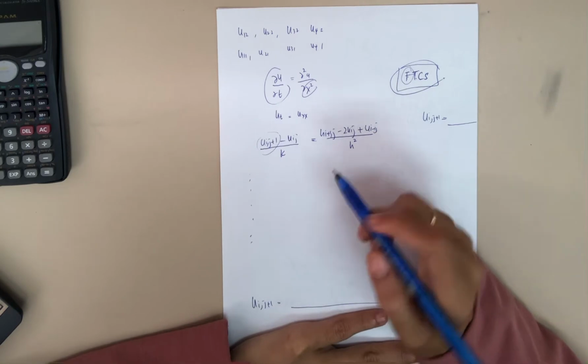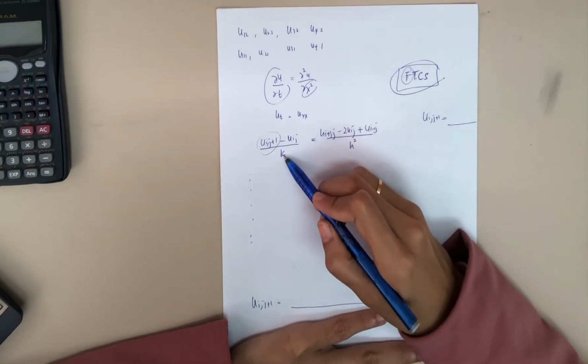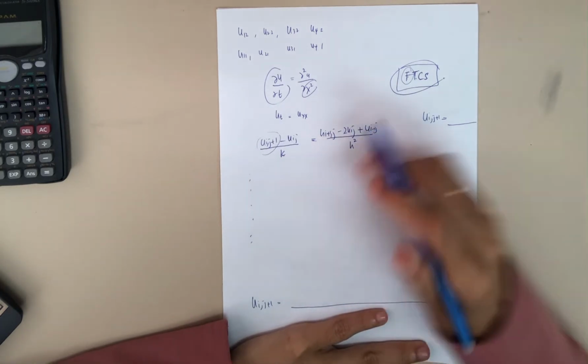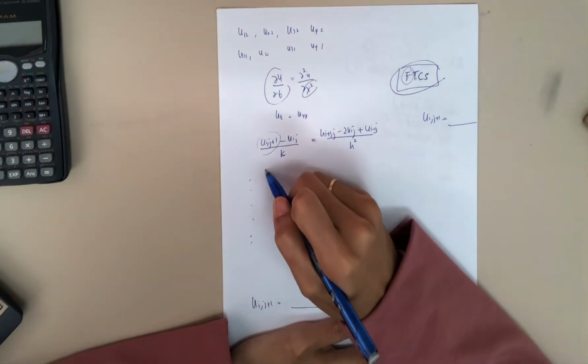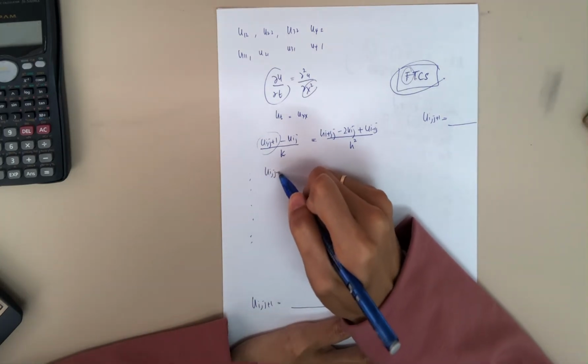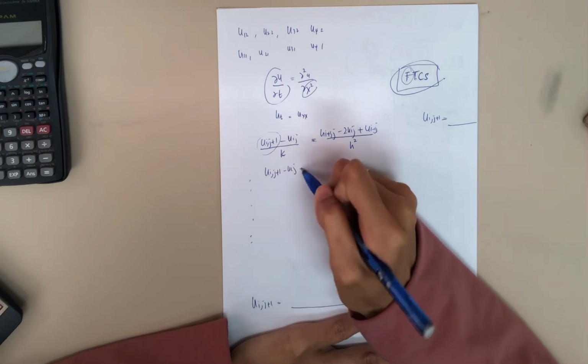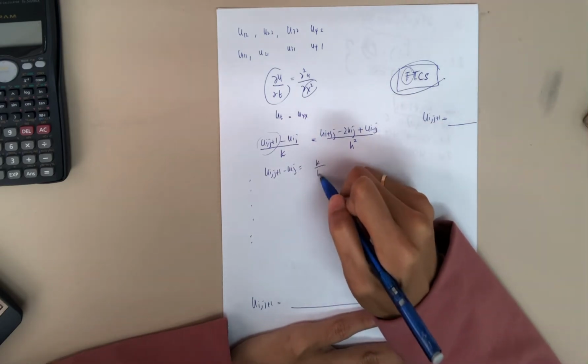But before that, you need to move k first. We move k first, so it becomes k over h square.